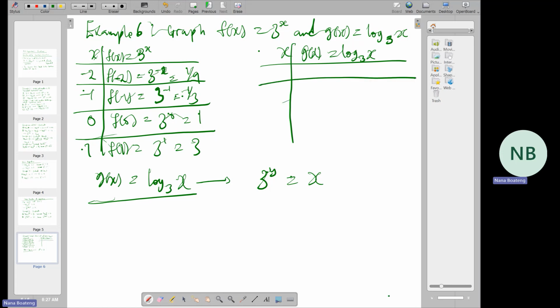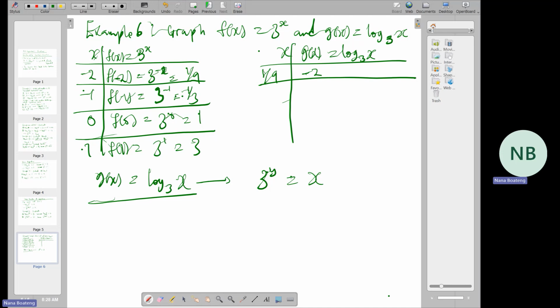So we already found the y values for g of x. When x is 1/9, the y value would become -2. So the relationship between f of x and g of x is that f of x is the inverse of g of x. So the x values for f of x become the y values for g of x.